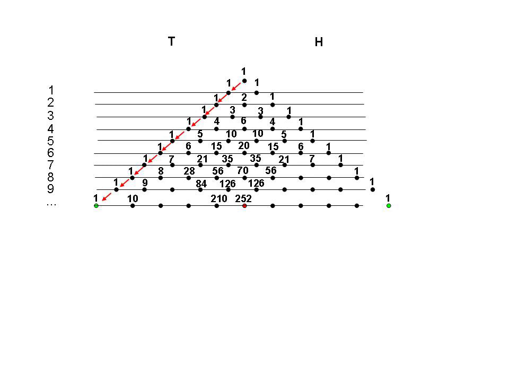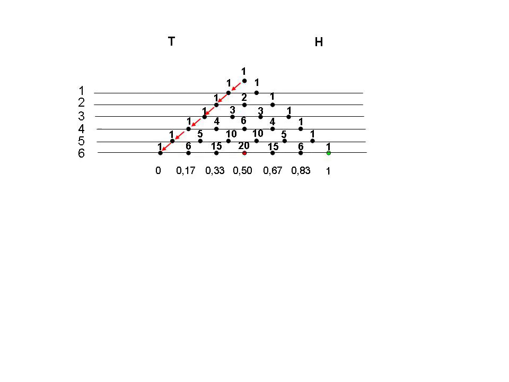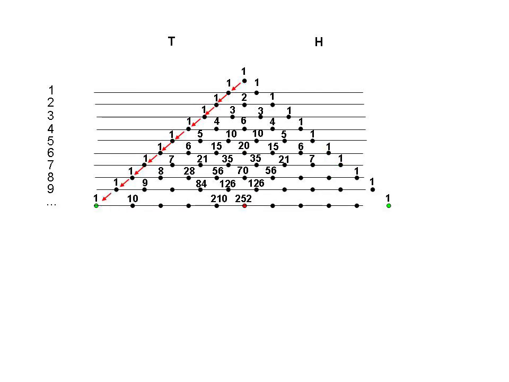If you continue to increase the number of trials, the number of rows on the Galton board, the number of paths to get to the 0.5 average will increase. As you can see, from 20 to 252 it increased. However, the number of paths going to the 0 average or 1 average, which means all tails or all heads, stays the same. It's only 1.